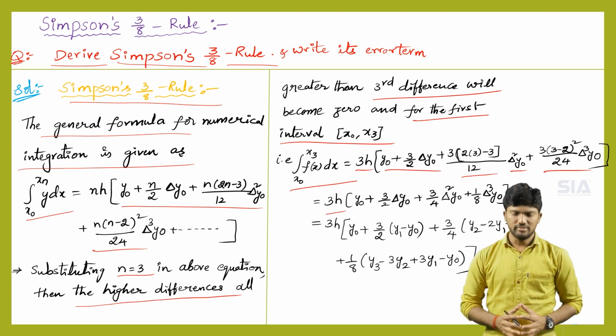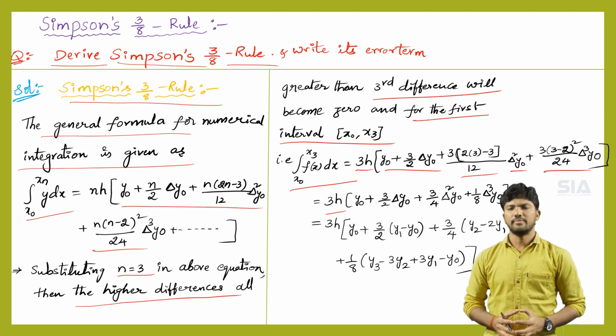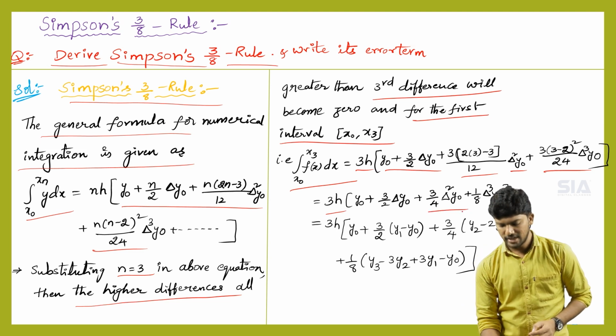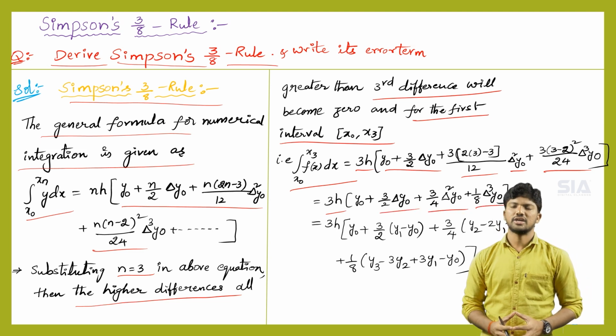If you simplify that, 3h [y0 plus 3 by 2 delta y0 plus 3 by 4 delta square y0 plus 1 by 8 delta cube y0].